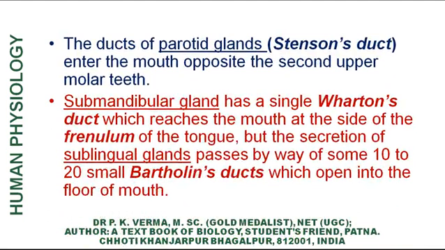Submandibular glands have a single Wharton's duct which reaches the mouth at the side of the frenulum of the tongue. But the secretion of the sublingual glands passes by way of some 10 to 20 small Bartholin ducts that open into the floor of the mouth.